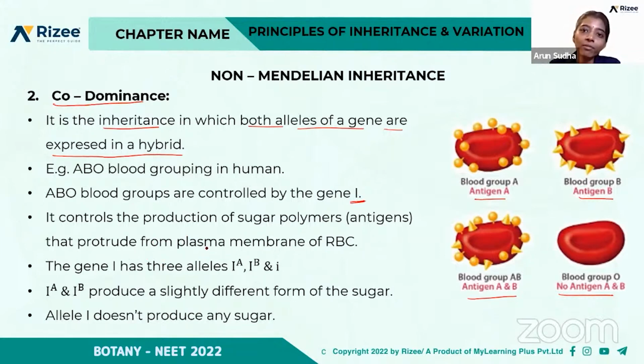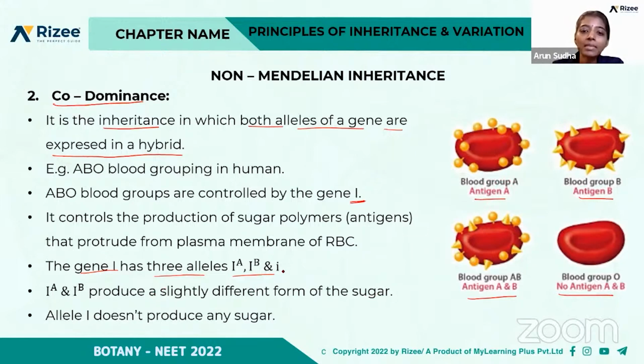So this plasma membrane of RBC contains some sugar residues which are responsible for the difference in antigen A or antigen B. This gene I has actually 3 alleles which are represented as IA, IB and i. So this IA and IB produce a slightly different form of the sugar. So they differ in the type of sugar that is present.